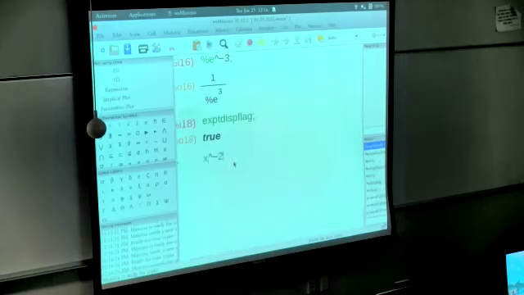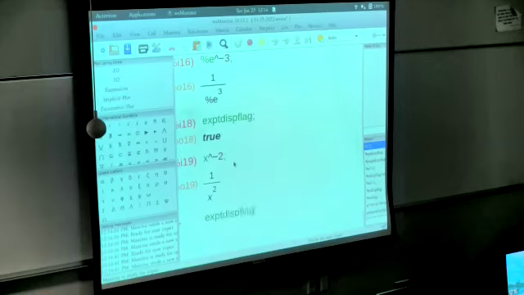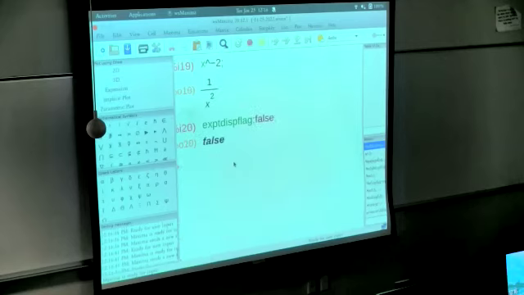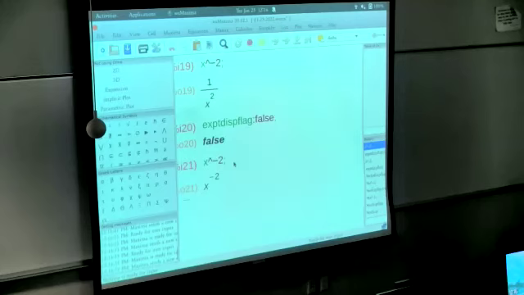So when I do X raised -2, I get 1/x squared. If I turn that off by setting it as false, X raised -2 will display as X raised -2. Does that make sense?